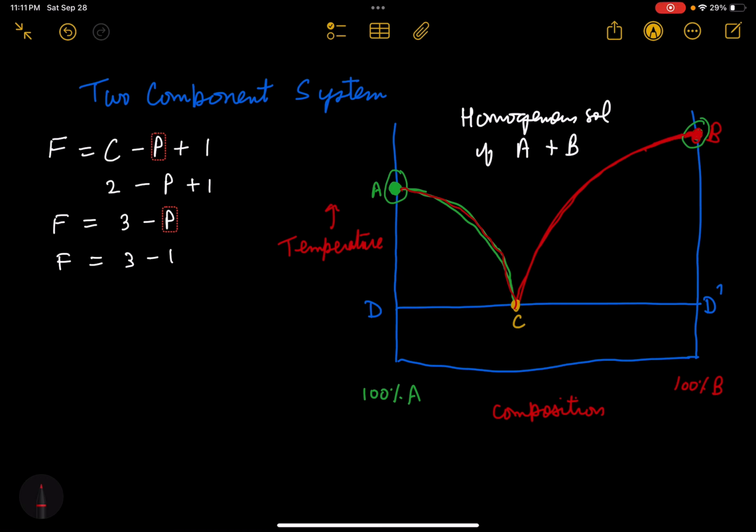Likewise, on adding increasing quantities of A to B, the freezing point of B falls along the curve BC.